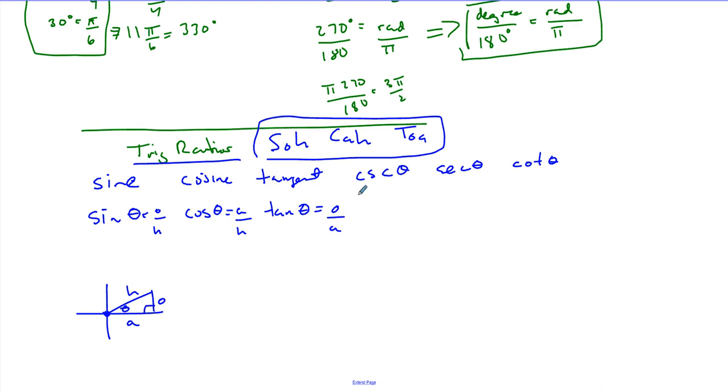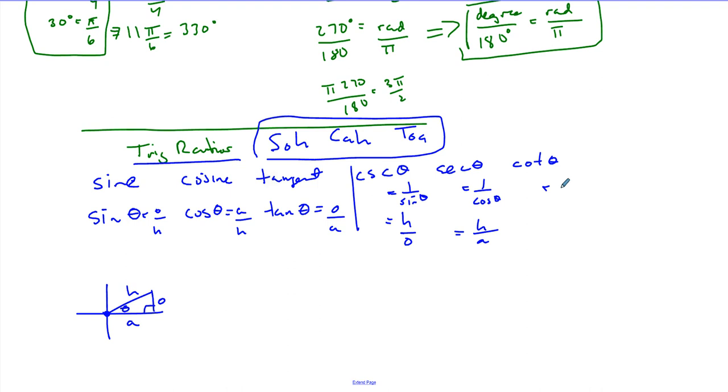Now, if you're wondering what cosecant is, cosecant is equal to the reciprocal of sine, 1 over sine of the angle. So what is that going to be? It's the reciprocal of the sine ratio, which instead of being O over H, is going to be H over O. Secant is 1 over cosine of an angle, which instead of being A over H, is going to be H over A. It's the reciprocal of that.